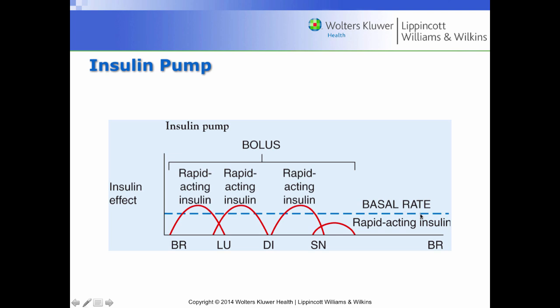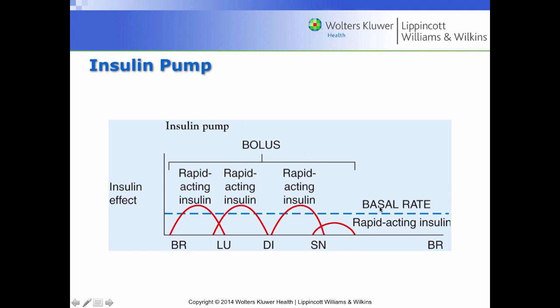Normally a longer-acting insulin, to maintain a basal rate. Then, throughout the day, based on their meal planning and their exercise and things like that, they receive several boluses of the rapid-acting. Okay?